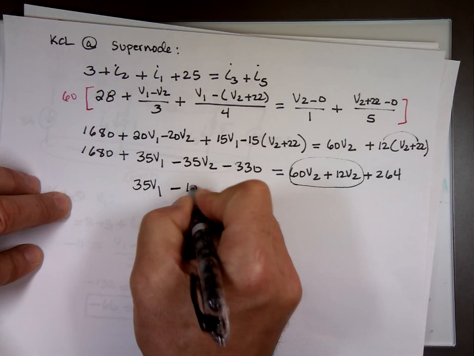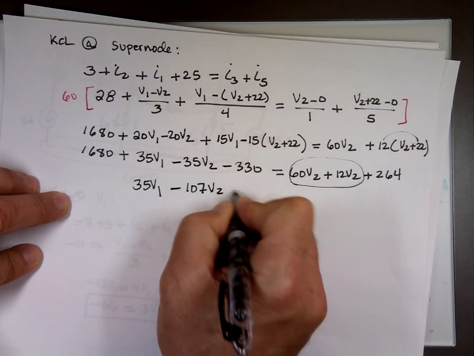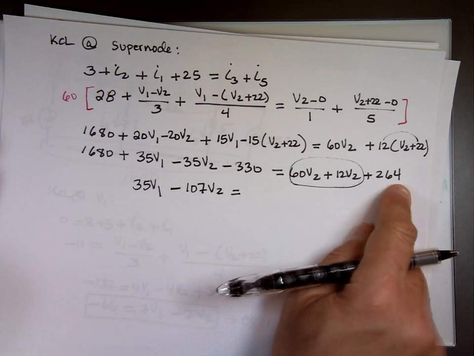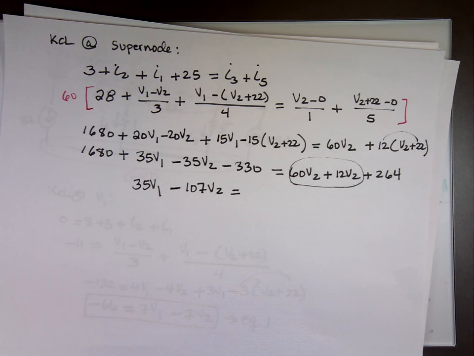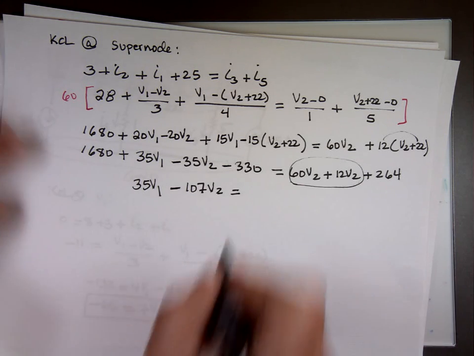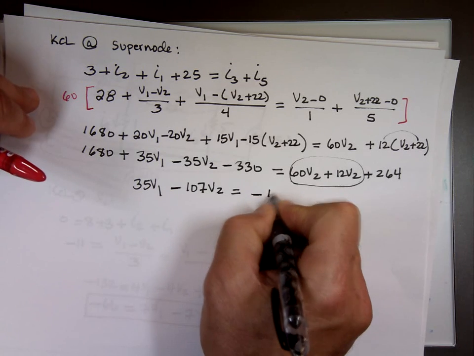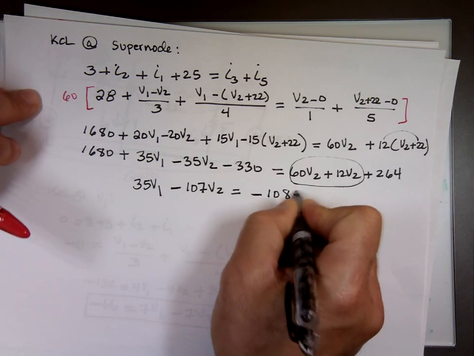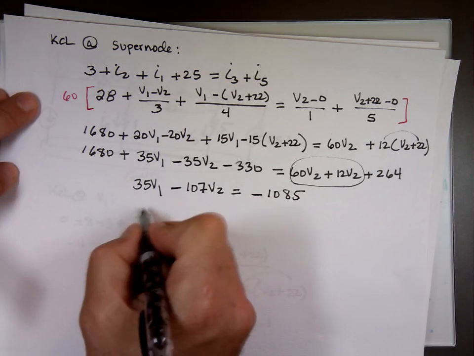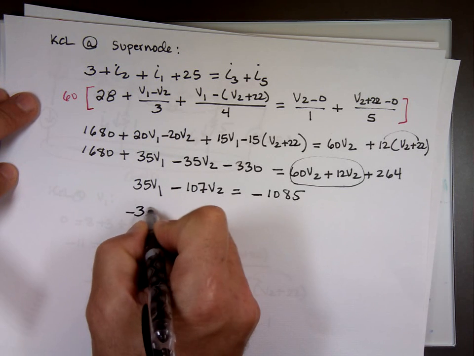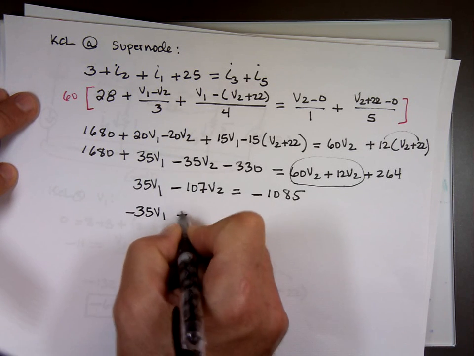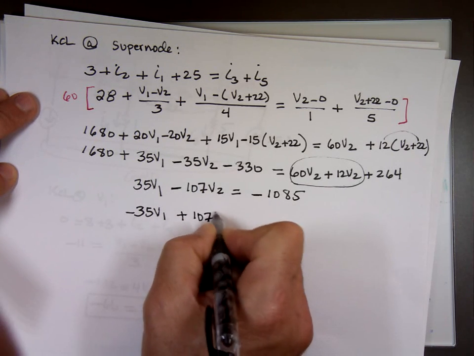V2 equals. How about the numbers? 264, that'll be a plus 330 minus 1680. This will be minus 1085. If you don't like the minus, you can change it to negative 35 V1 plus 107 V2 equals 1085.